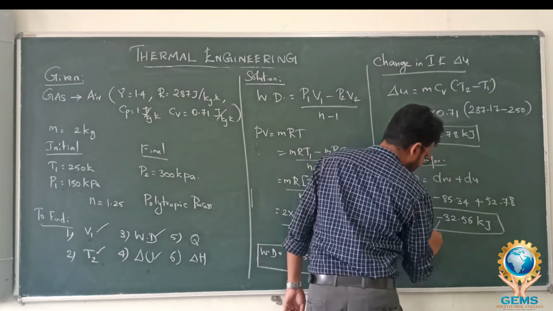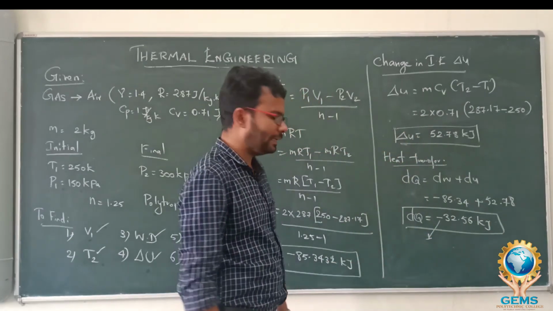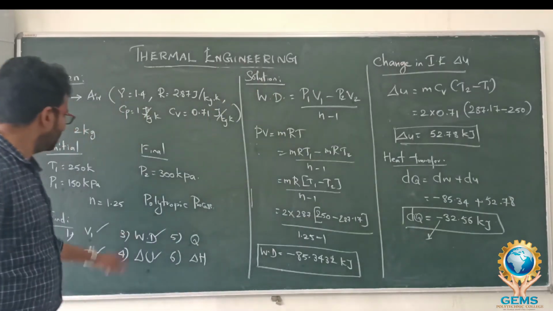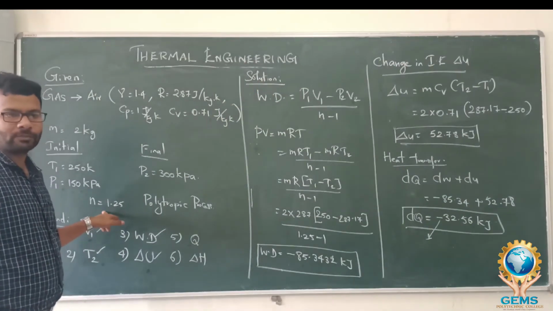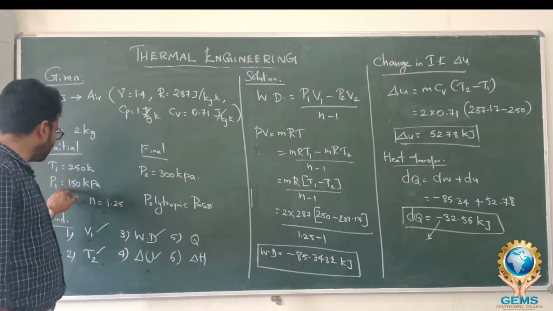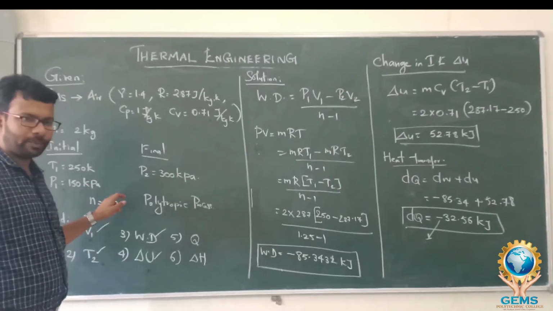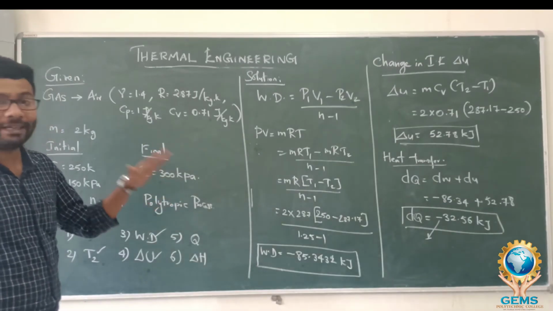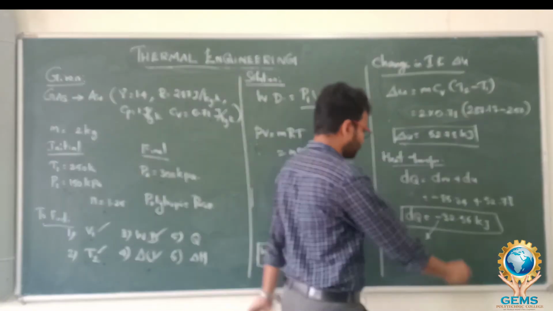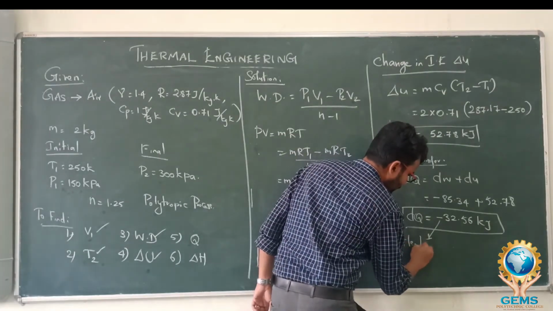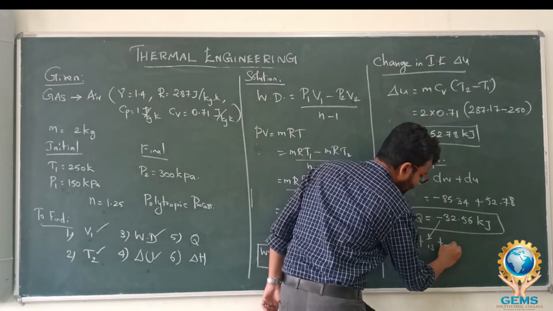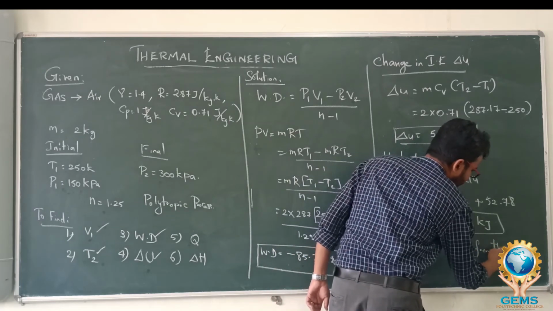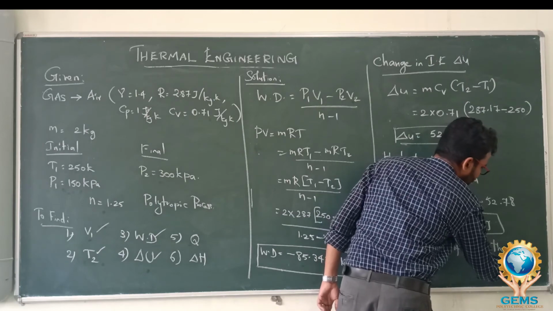What does this minus sign indicate? This minus sign indicates that heat is rejected from the system. Why is it rejected? Since it is a compression process, the pressure is increasing. When you are compressing, from the initial pressure to the final pressure, heat is generated, and that heat is liberated from the system. Heat is transferred from the system, not to the system.